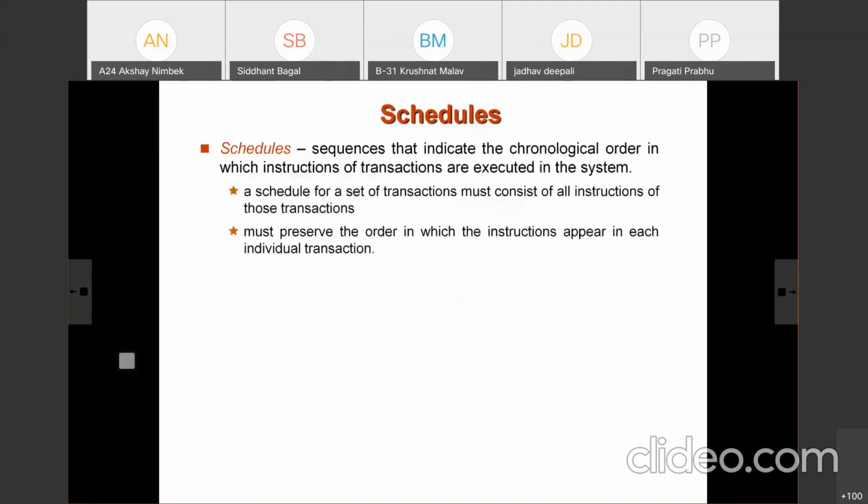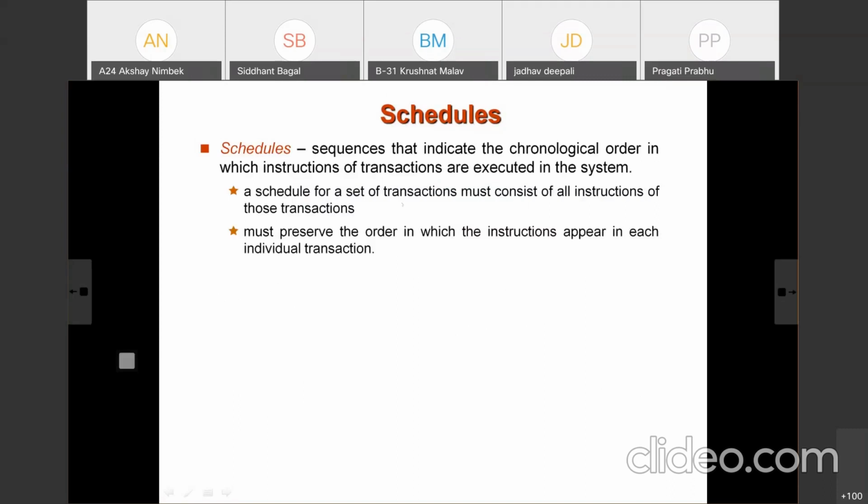So, a schedule is a sequence that indicates the chronological order in which the instructions of the transactions are executed in the system. Chronological order means first execute the instructions of one transaction and then another.